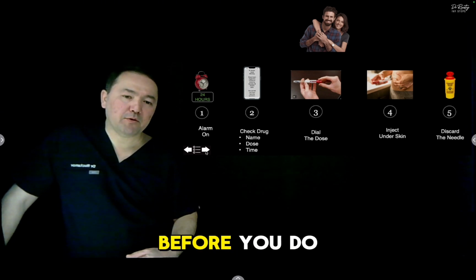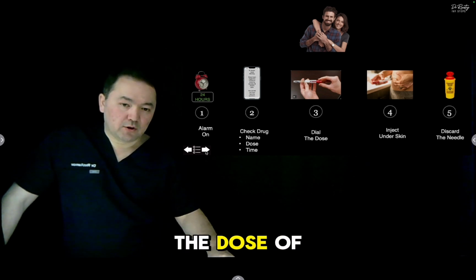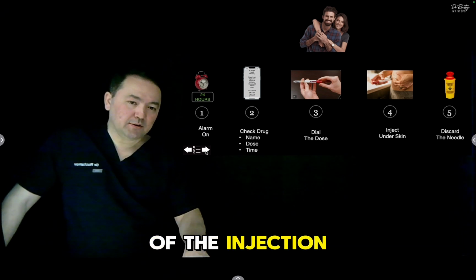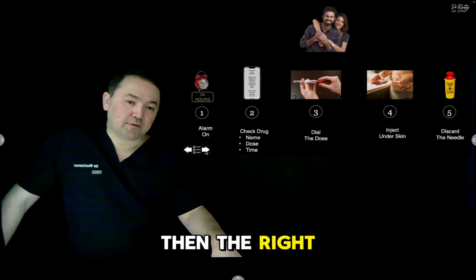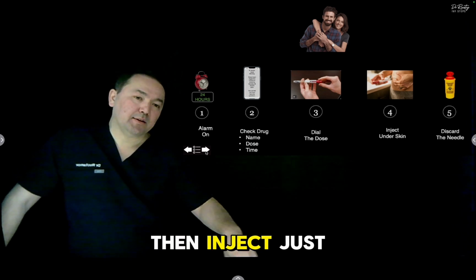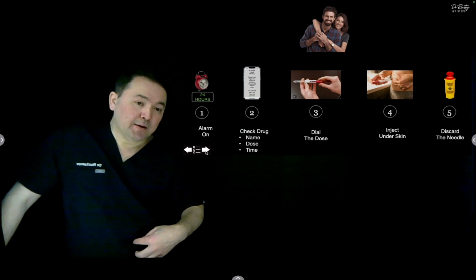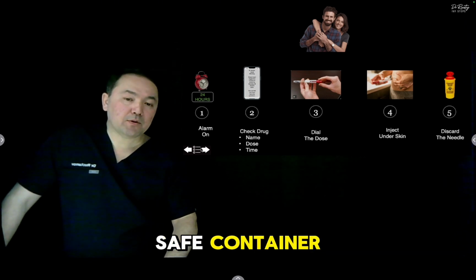Every time before you inject, check the name of the drug, the dose, and the time of the injection on the instructions sent by the clinic. Then dial the right dose of orgalutran or cetrotide, then inject just under the skin. Again, discard the needle into a safe container.